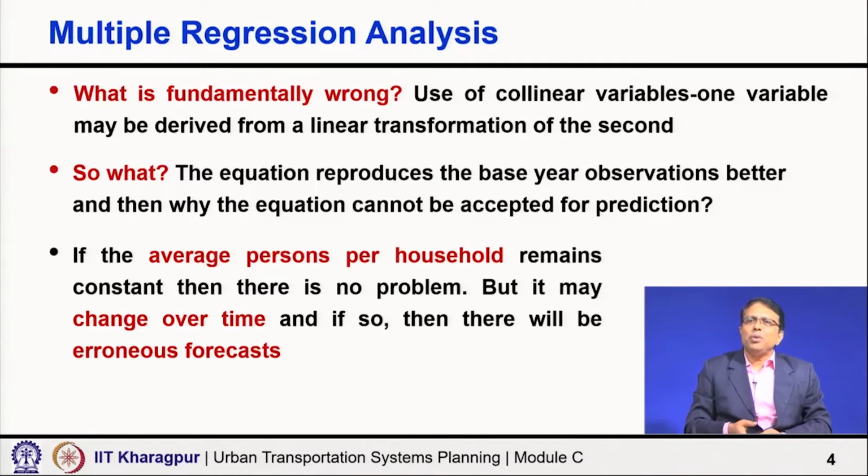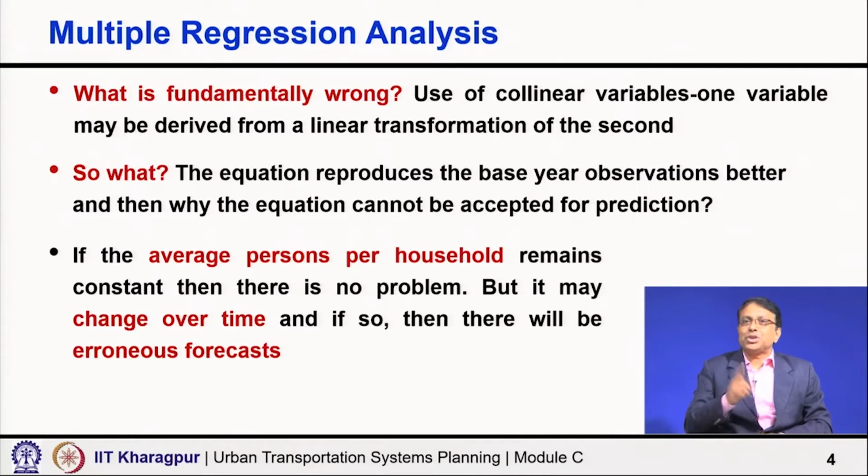The number of persons per household may change, and you will not normally notice or understand it, and you have used collinear variables. So, you will be very happy that your base year model was very good, but your predictions will be wrong.